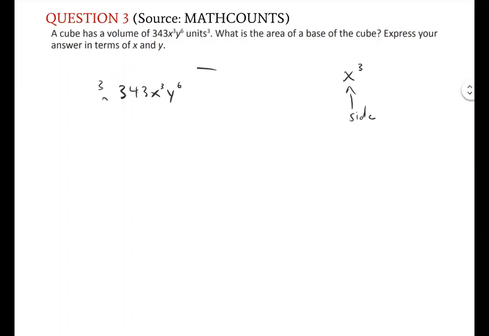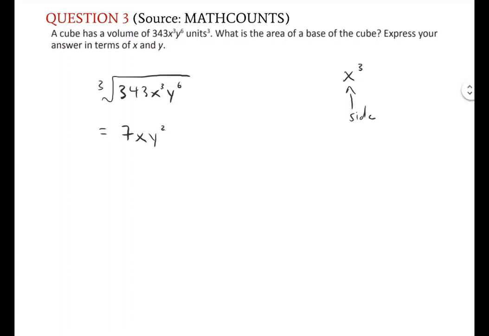That's ugly. So you just do this whole thing cubed, to the cube root. And that's just equal to 7xy squared.